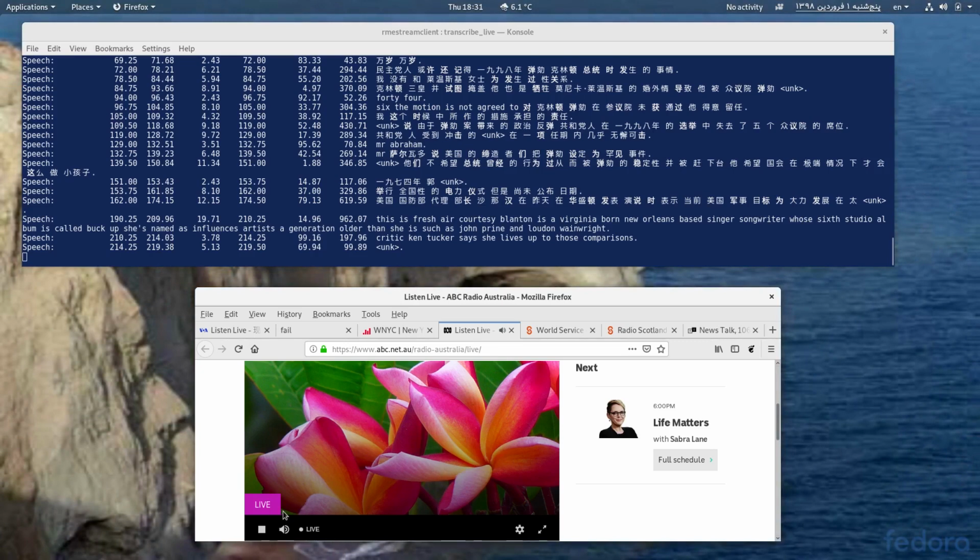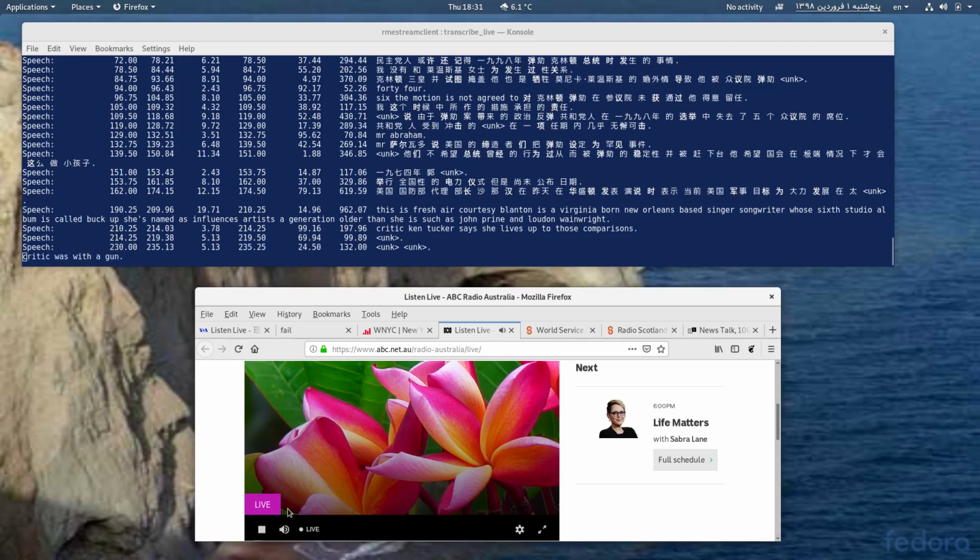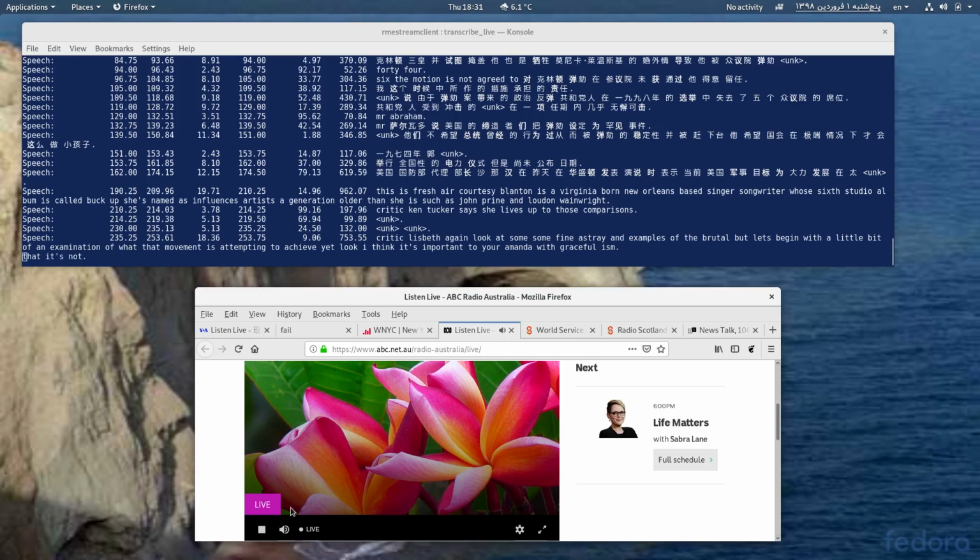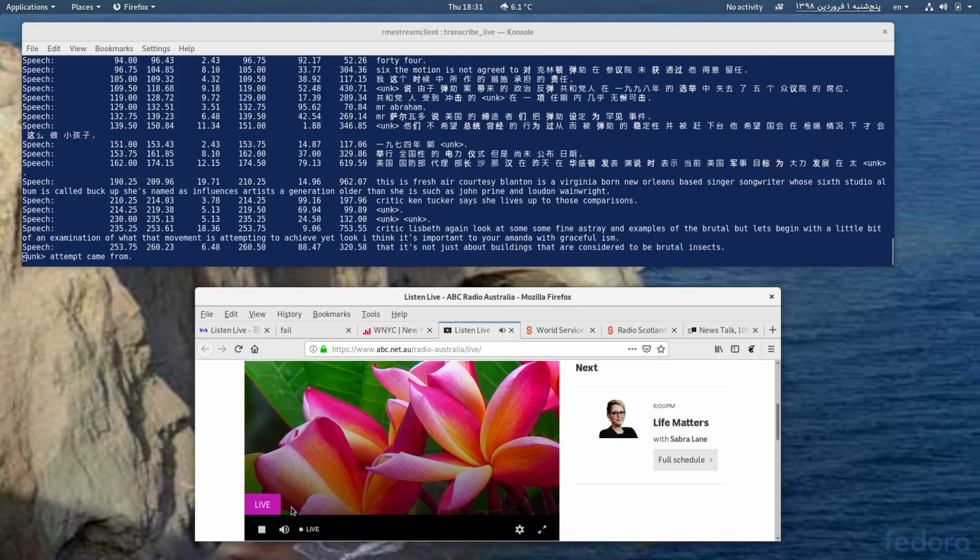Elizabeth Farrelly is a writer and architecture critic. Elizabeth, we're going to look at some fine Australian examples of the brutal, but let's begin with a little bit of an examination of what that movement is attempting to achieve. Yeah, look, I think it's important to remember with brutalism that it's not just about buildings that are considered to be brutal. In fact, the term came from béton brut, which was Corbusier's term for simply raw concrete.